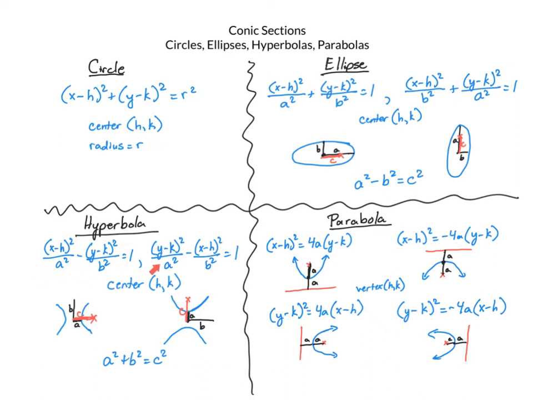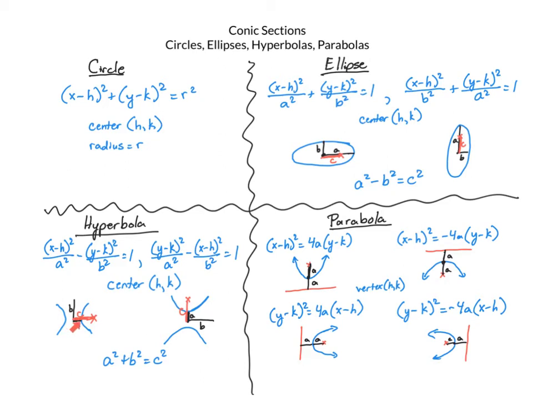Now let's come over here to our hyperbola. Look at these two equations. Notice the a squared is the denominator of the first term. It may or may not be larger than the b squared. So the a squared gives us the distance from center to vertex.